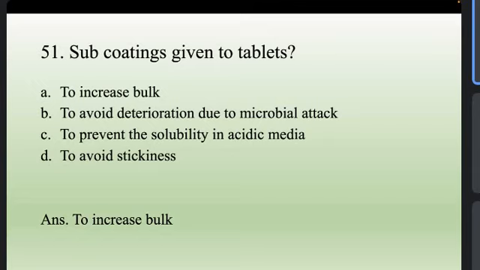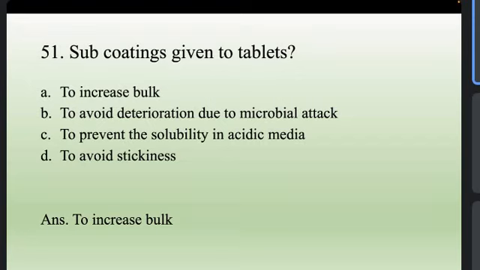A coating in the form of dusting powders, sometimes in the form of sweetener, but it will not go above the maximal limit. So in order to give round edges, so that you don't have pointed tablets which get stuck in the throat, subcoatings are given.